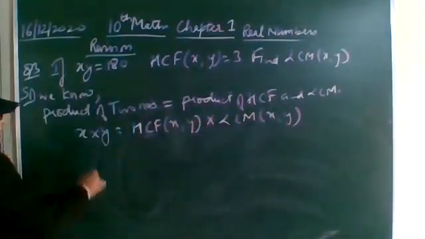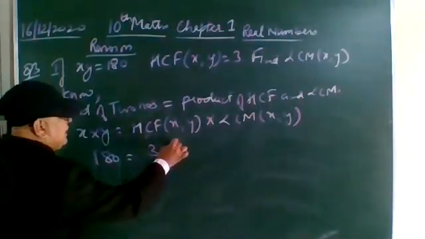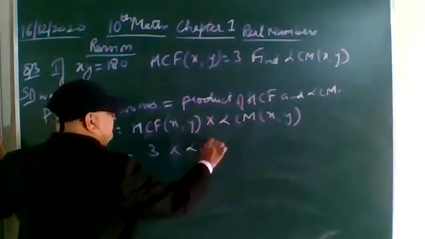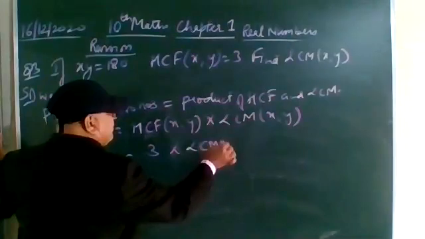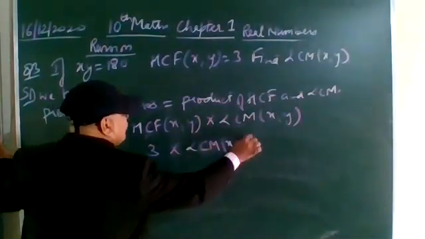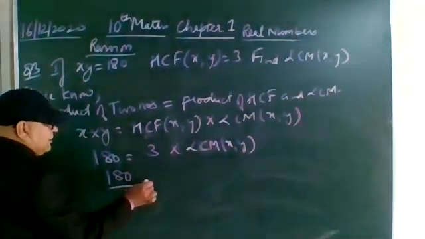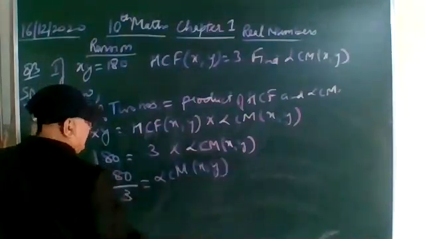So x into y is 180, HCF is 3, and into LCM of x and y. So 180 upon 3 equal to LCM of x and y.